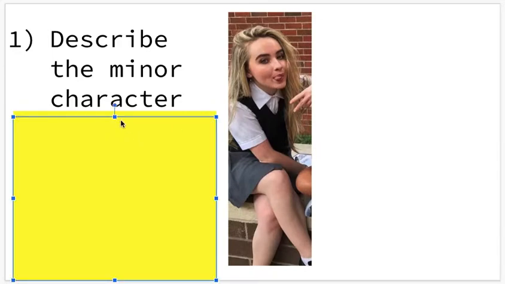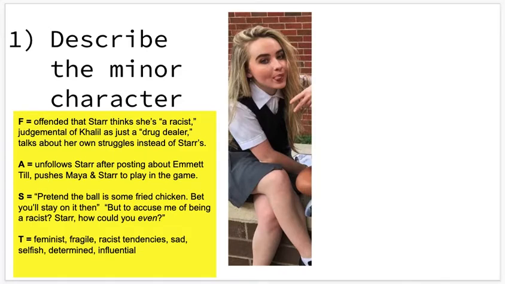And so I basically just went through and I described her. I started obviously with her feelings, actions, and speech. She's all offended that Star thinks she's a racist. She says, "You accused me of being a racist, Star? Like, how could you even?" She also is really judgmental of Khalil. Oh, he's just a drug dealer, and she seems to explain away anything that happened to him, and that's an issue, because being a drug dealer is wrong, and so clearly there's something wrong with him, and who cares what happens to him.